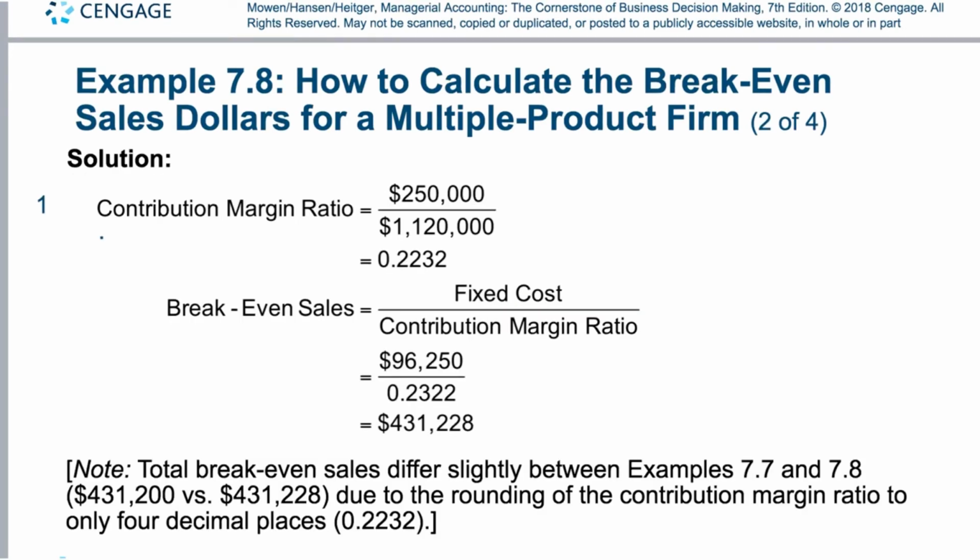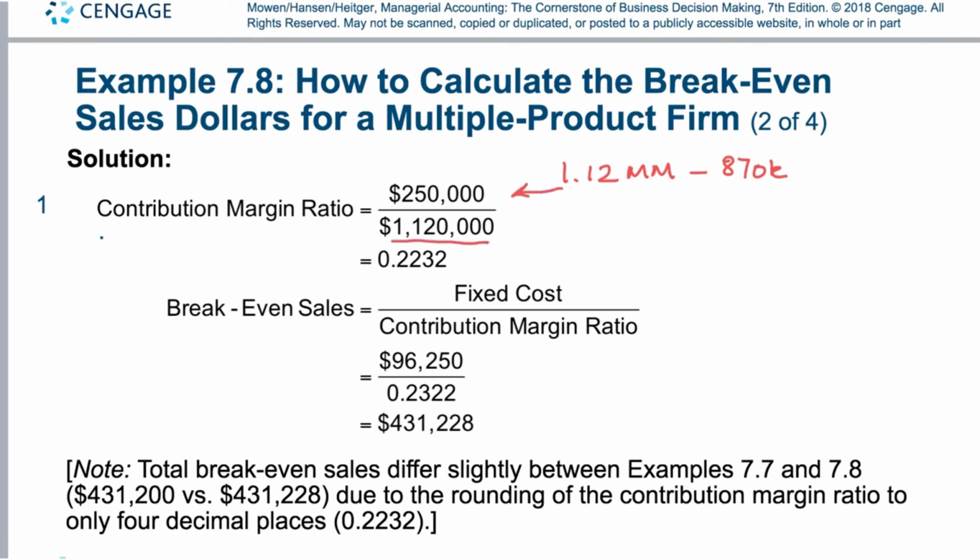So recall that on the previous page we were given that the revenues are expected to be 1.12 million, and that the variable cost was expected to be 870,000. So that gives us a contribution margin of 250.